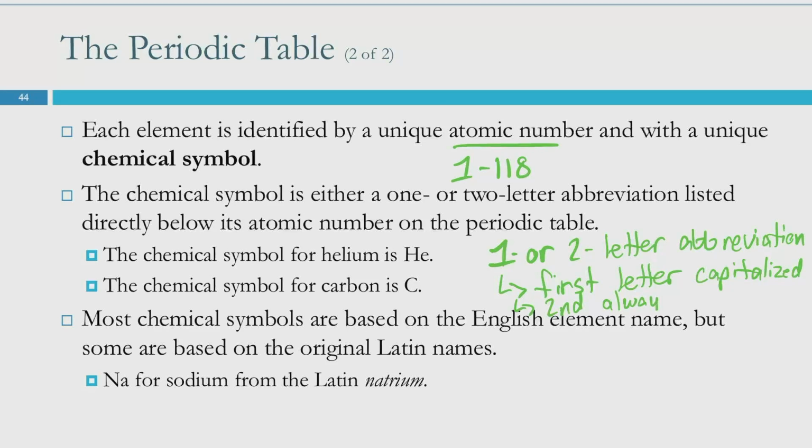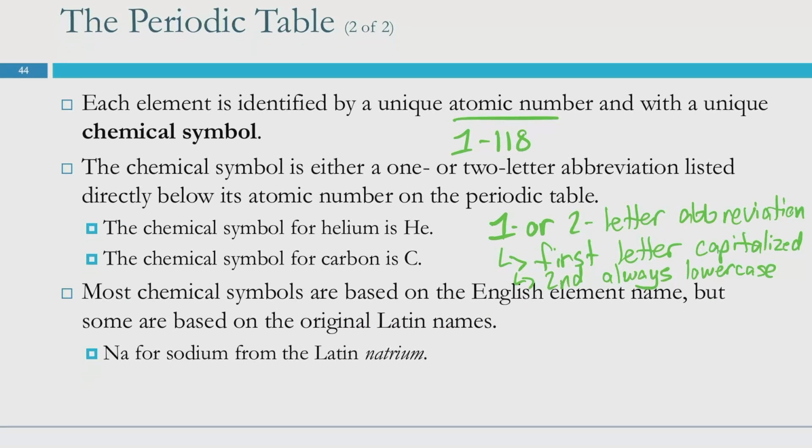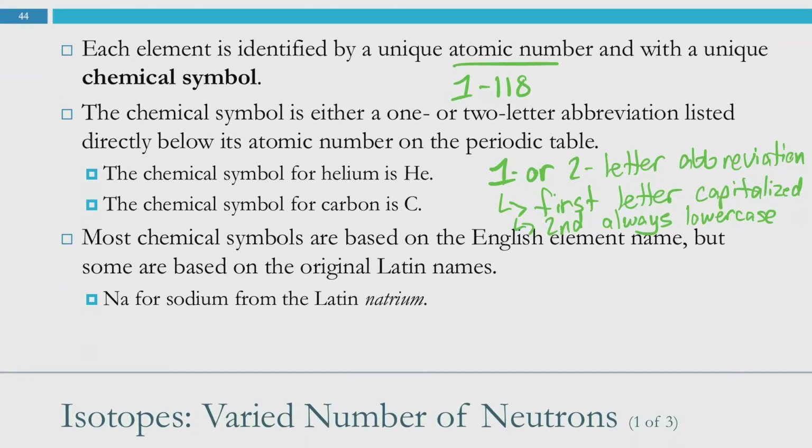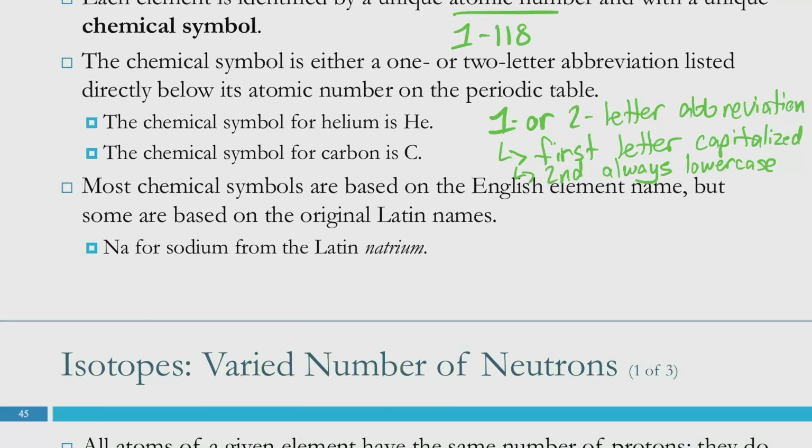It's always lowercase. As you probably know, some of the chemical symbols are based on English names. Some of them are based on Latin names. So for example, Na for sodium comes from the Latin name natrium. And a lot of the world still uses some of the Latin names. So many of them don't intuitively make sense, and you kind of just have to memorize them.